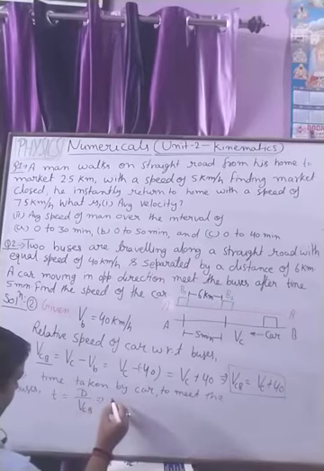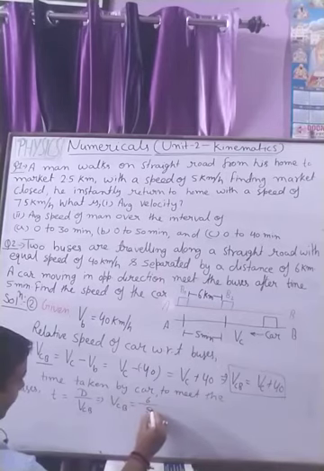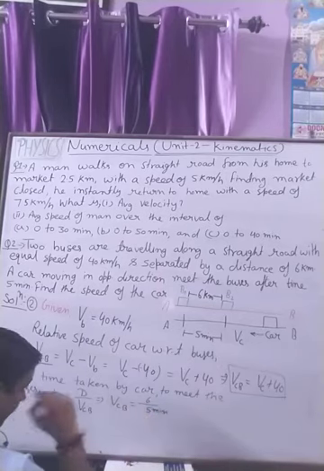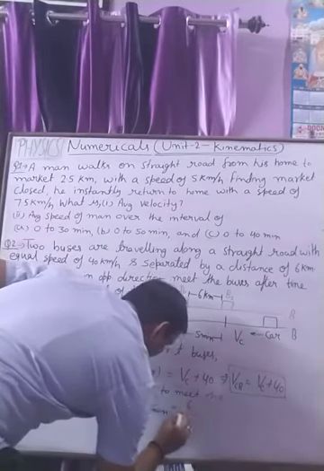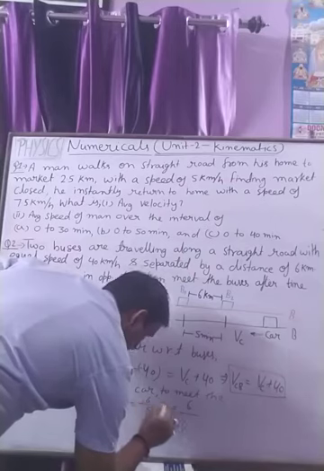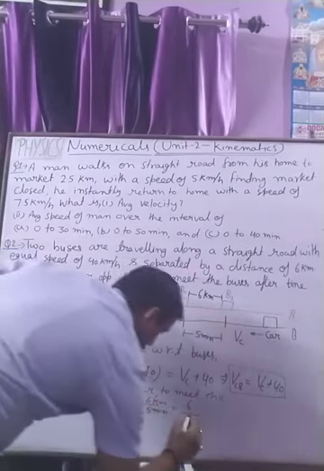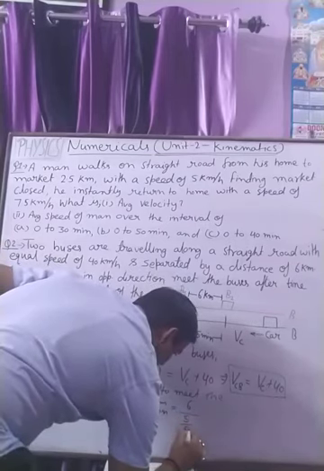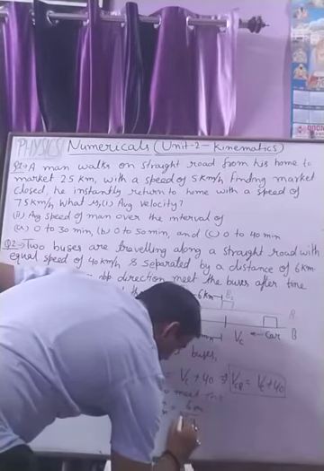So VCB is equal to 6 kilometer, and time T is 5 minutes. We can solve it by using 6 kilometer over 5 minutes converted into hours, which is 5/60 hours. It is in kilometer and it is in hours.